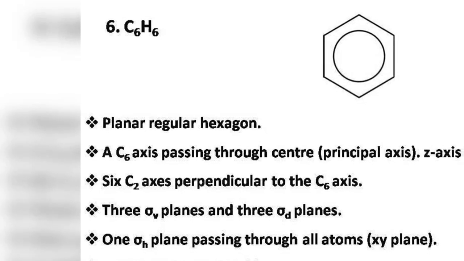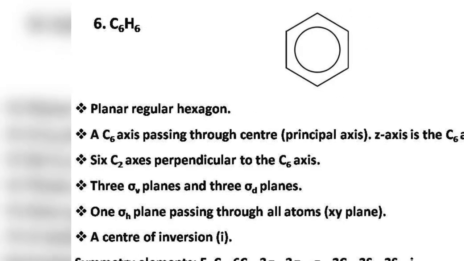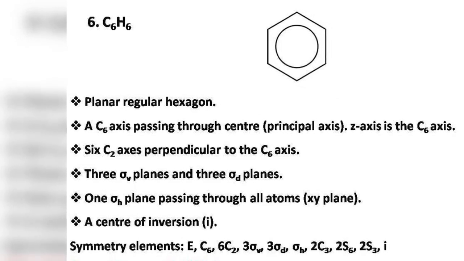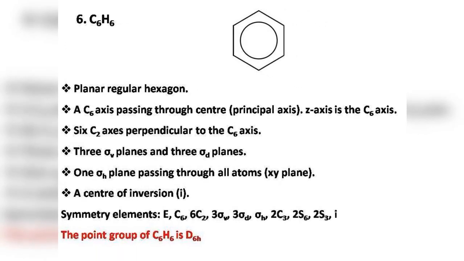Next is benzene. It is planar regular hexagon in shape. A C6 axis passing through the center, that is the principal axis. The z axis is the C6 axis. 6 C2 axes perpendicular to the C6 axis. 3 σv planes and 3 σd planes. 1 σh plane passing through all atoms, that is in the xy plane.